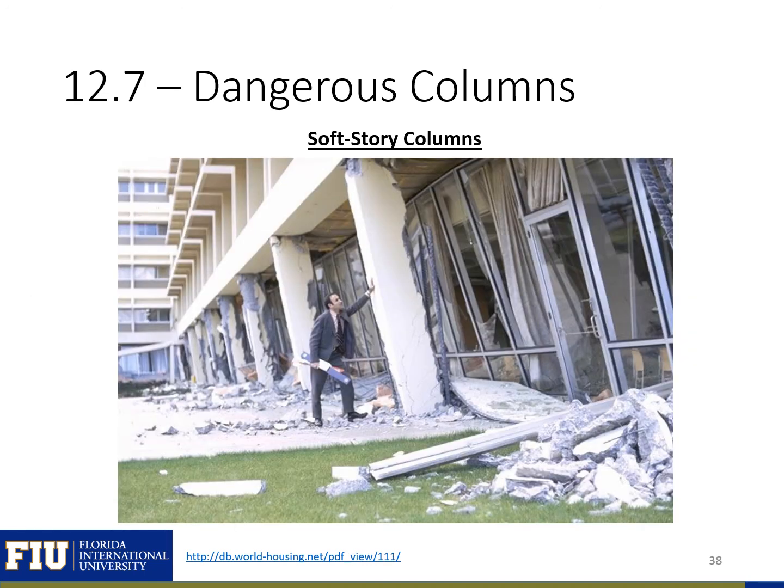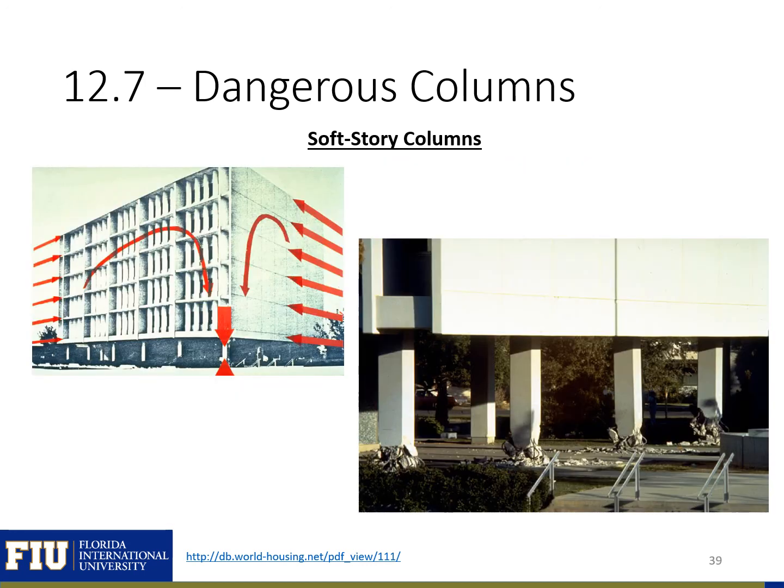Here is another example of a soft story column. A stiff upper structure and a softer lower story with just a few columns, and it's not sufficient to resist the lateral loads here. And here's another example of soft story columns.